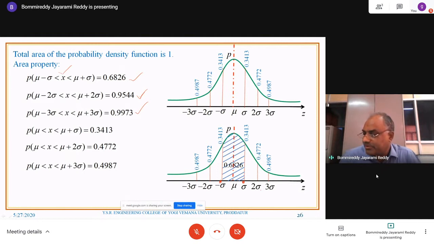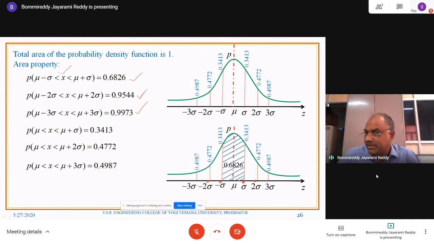Similarly, here 2 sigma on each side. The area between mu minus 2 sigma and mu plus 2 sigma will become 95.44%. And if you go for three times, this point is mu minus 3 sigma and this point is mu plus 3 sigma.